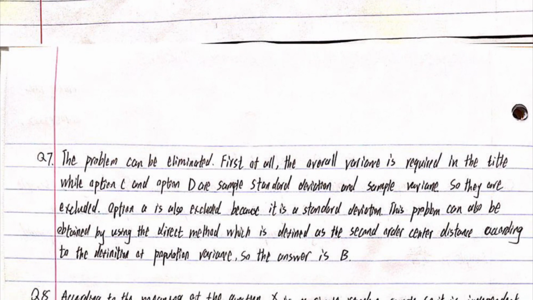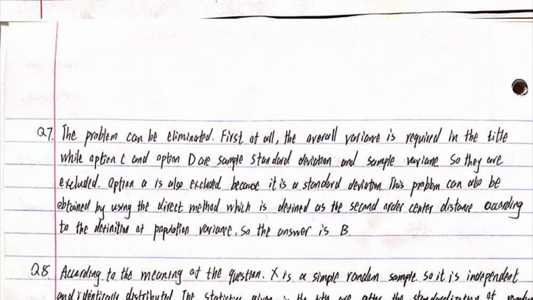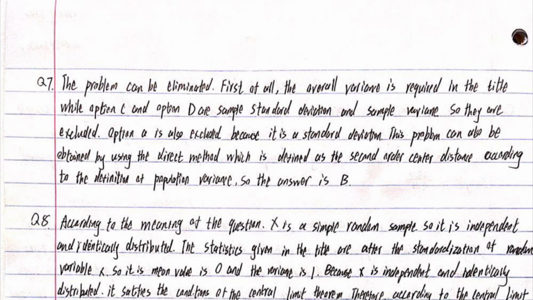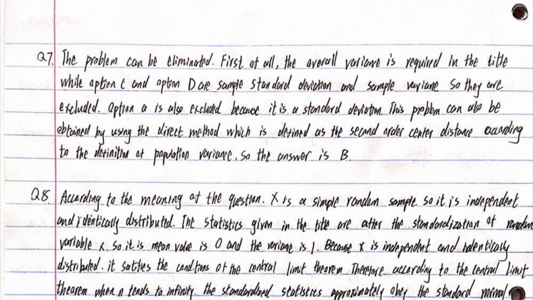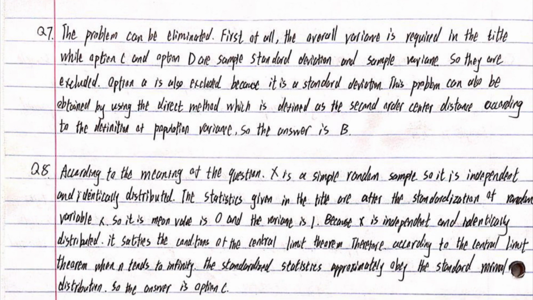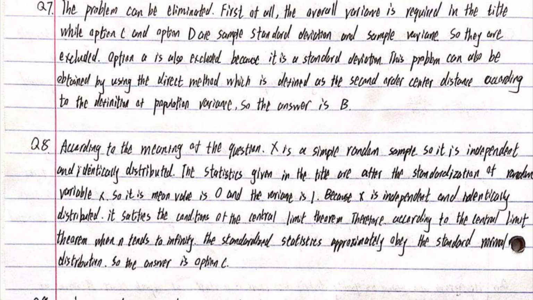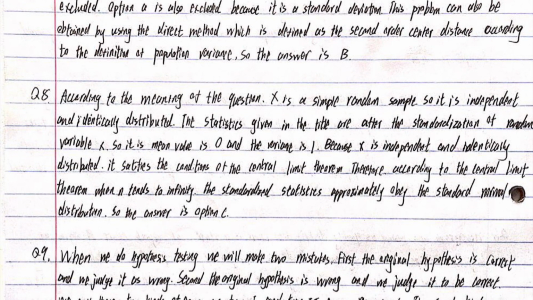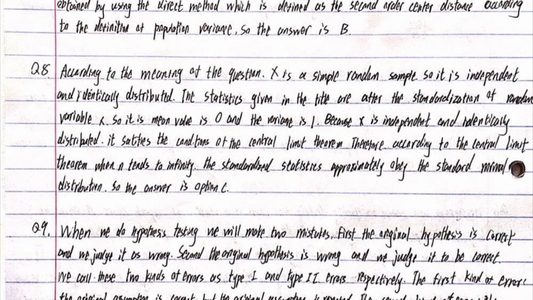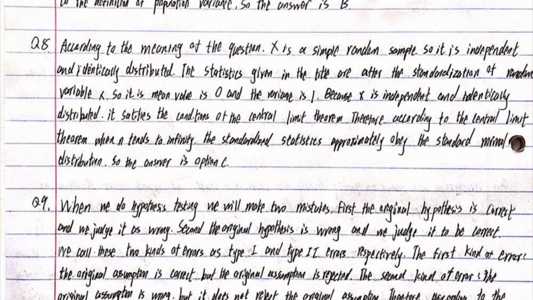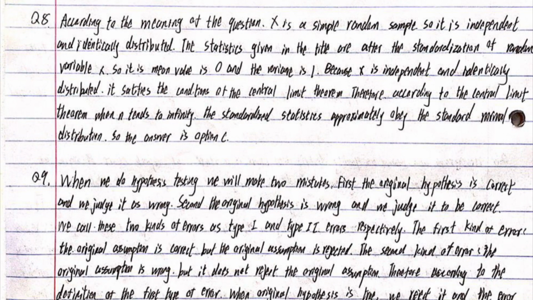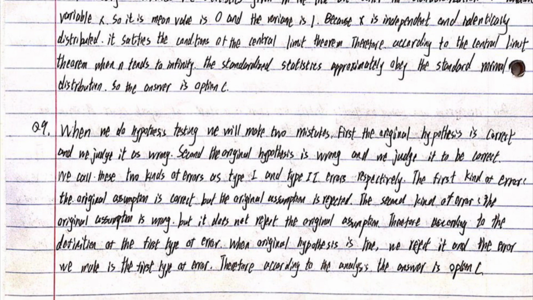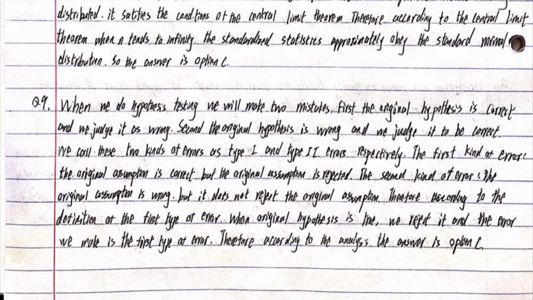Because X is independent and identically distributed, it satisfies the condition of the central limit theorem. Therefore, according to the central limit theorem, when n tends to infinity, the standardized statistic approximately obeys the standard normal distribution. So the choice is C, both A and B.